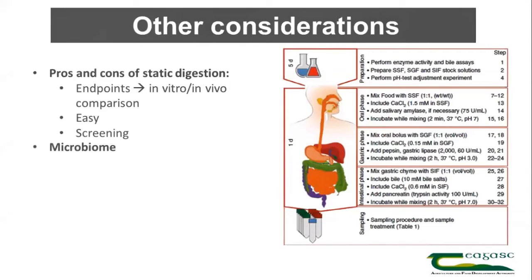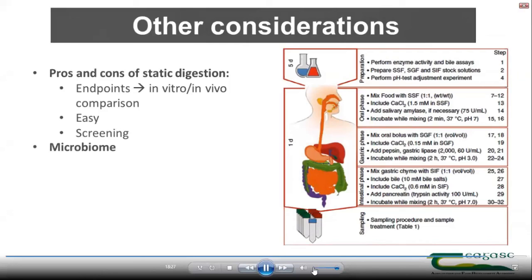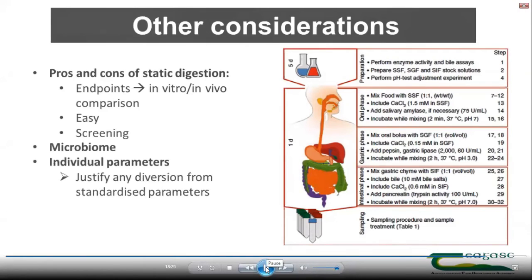Another common question is, do we include bacteria or the microbiome in the method? And the answer is no, at least not at the moment. Also, some of the individual parameters, I'm very often asked about the pH of the gastric phase, why is pH 3?